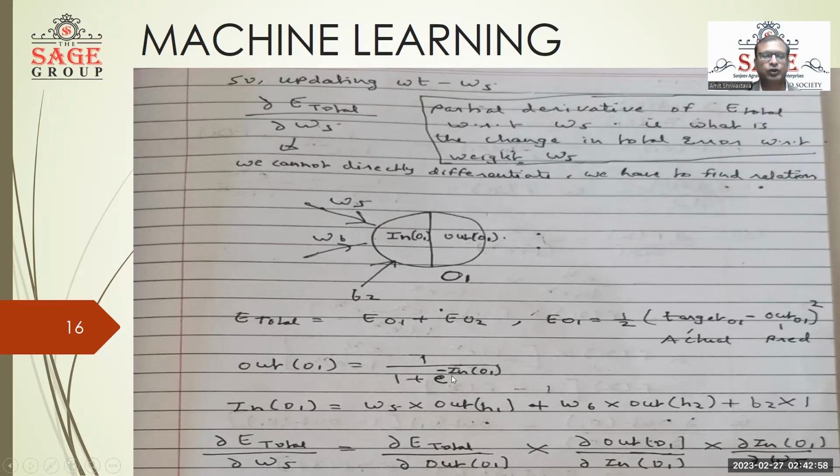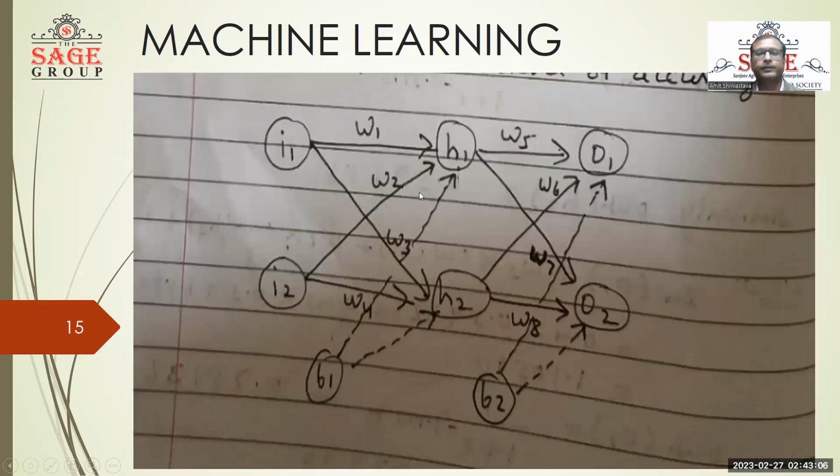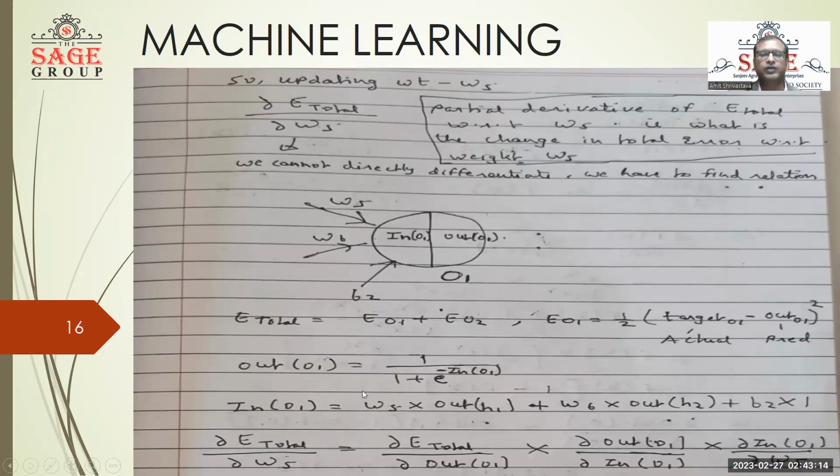So 1 upon 1 plus e to the power minus in O1. Now, in O1 is what? You can see from here, in O1 is out H1 into W5 plus out H2 into W6 plus B2 into 1.